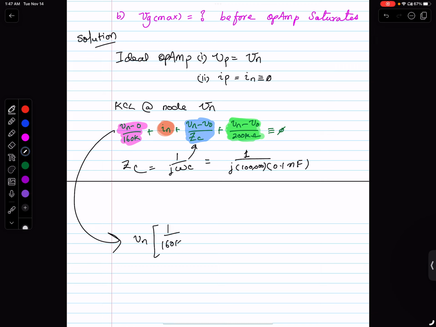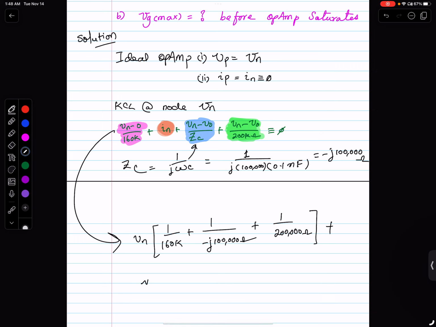We have 1 over 160K, plus, Vn factored out, 1 over Zc, which is negative J 100,000 ohms, plus 1 over 200,000 ohms, that is Vn.